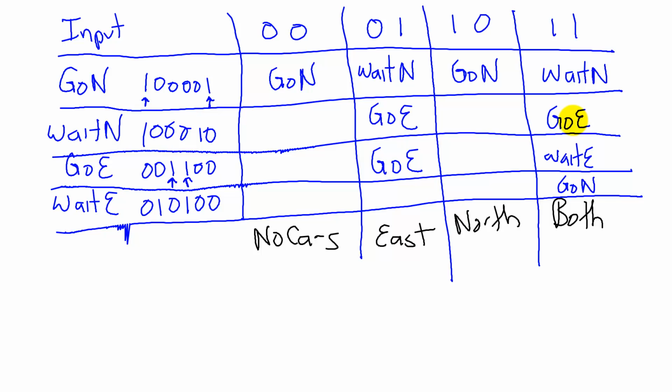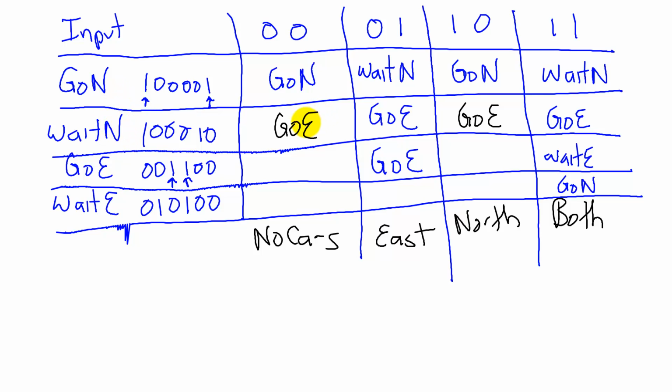All right, so let's do, we've got to fill in this thing. What if everything happens? This state here is kind of interesting because, once the light is yellow, regardless of the input, I'm going to go east, because I don't want the light to go green on the north, yellow on the north, and then back to green on the north.